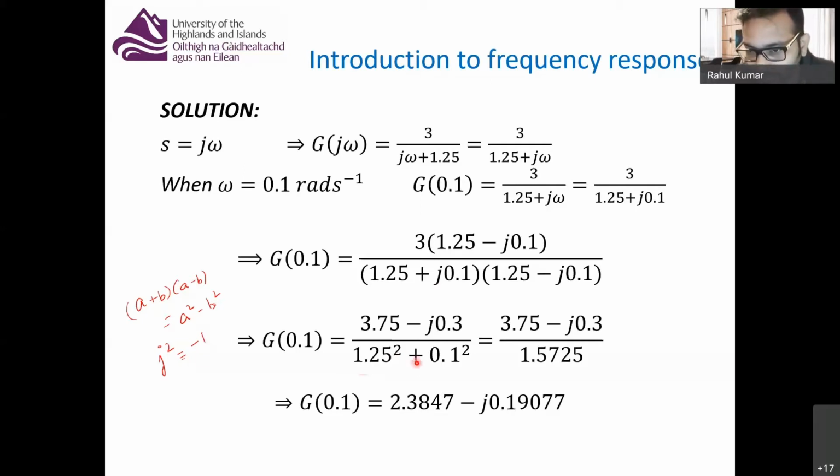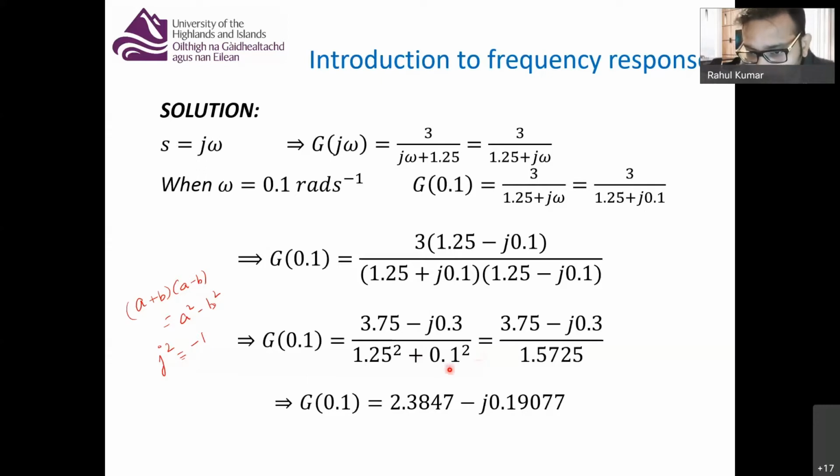You can try it out, but you will get plus, and then 0.1 square. And we have multiplied the numerator simply like multiplying a number with a bracket. So we get this entire ratio.